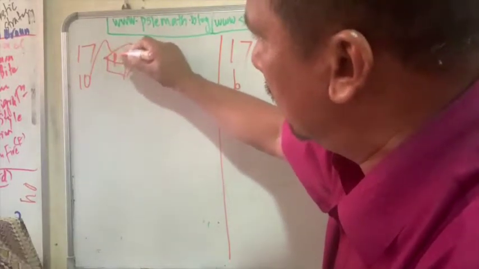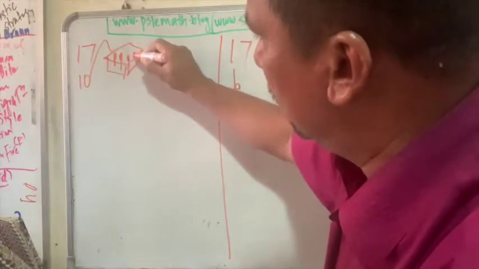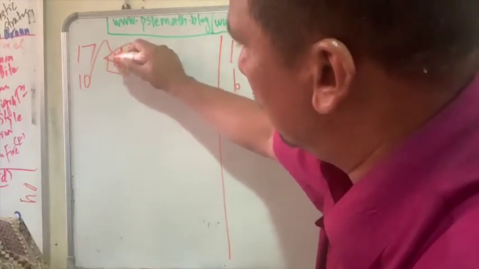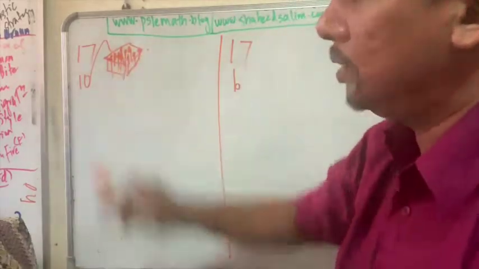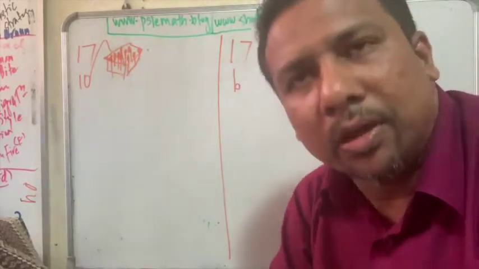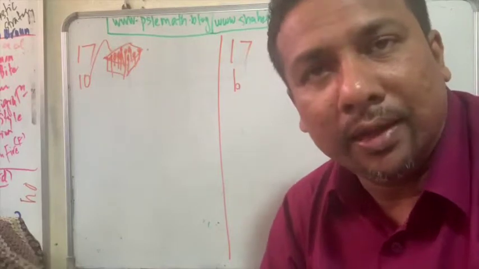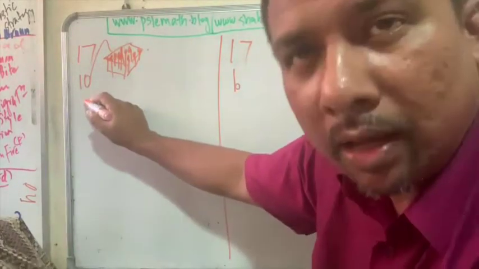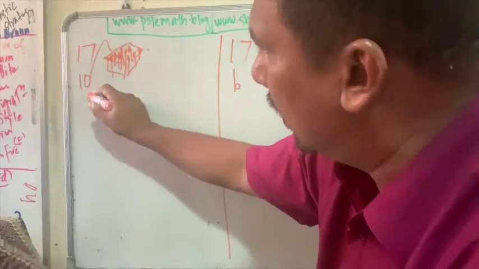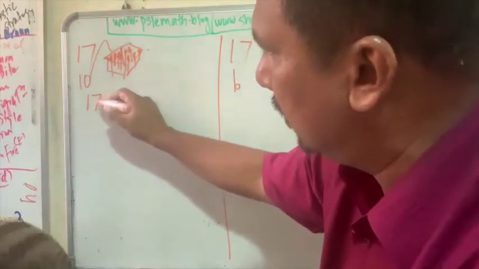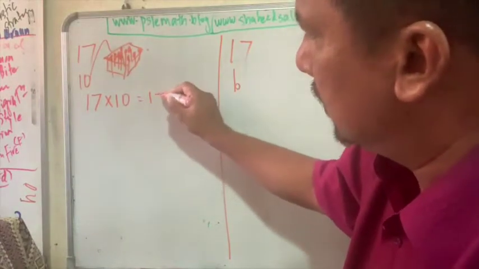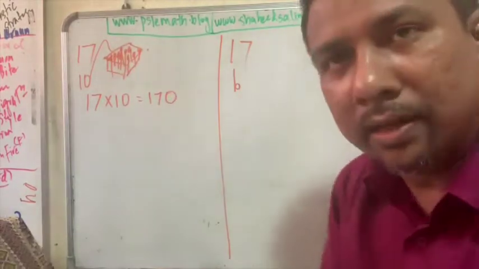You can see 1 candle, 2 candles, 3, 4, 5, 6, 7, 8, 9, 10. You got 17 of these. So let's count the number of candles you have in these 17 boxes. Well, we have 17 times 10, which is 170 candles.